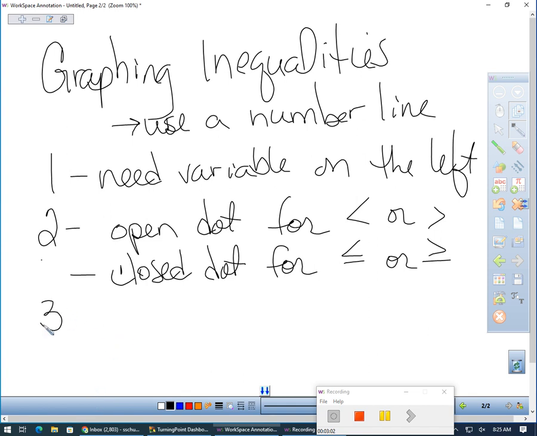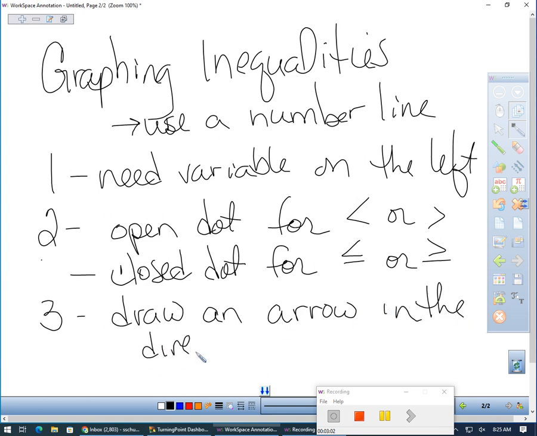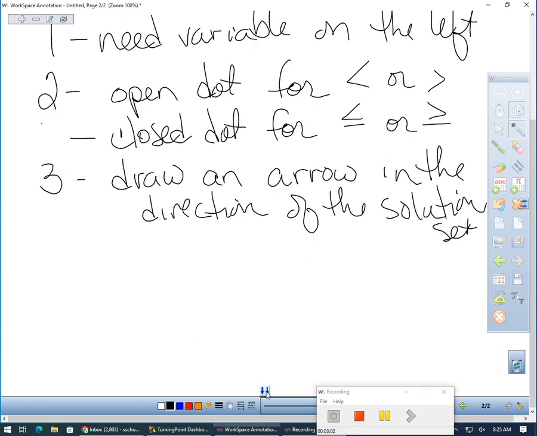And then step 3, you draw an arrow in the direction of the solution set. All right, so I want to give you 4 examples. Hit all 4 of those, right?